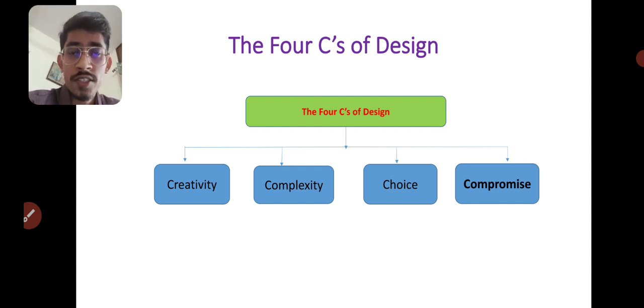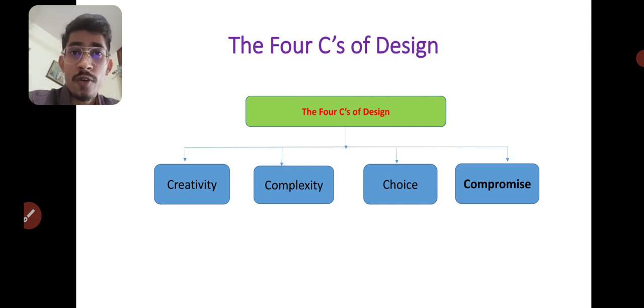Then the choice. The choice is nothing but selecting the best alternative or best solution among your creative solutions. And compromise is simple. In the last or final stage, you have to compromise either quality or cost. That is a compromise.